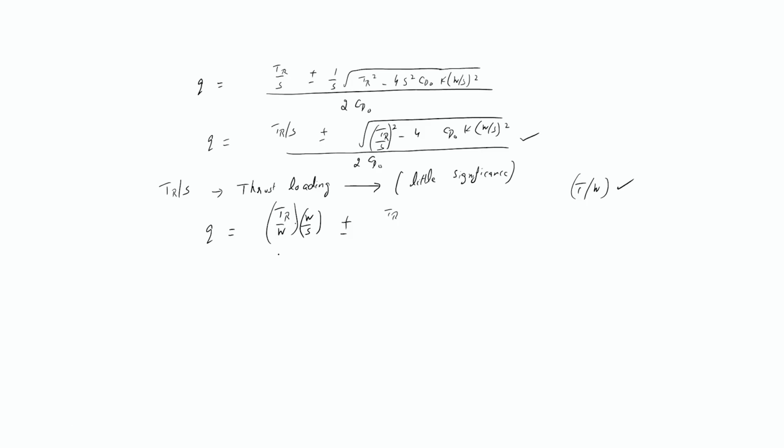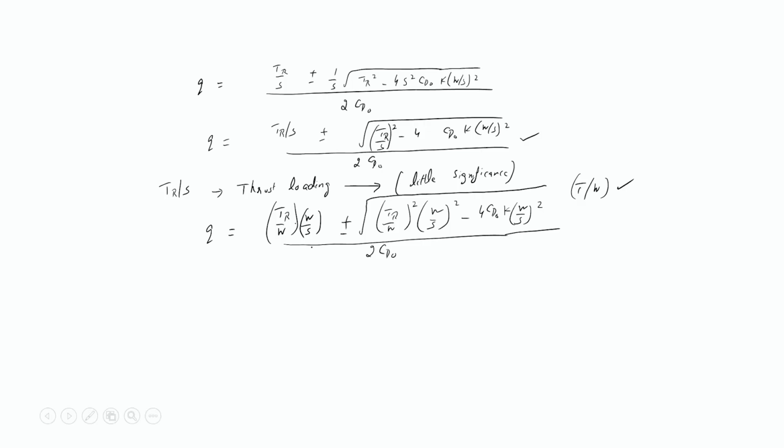So TR by W into W by S plus or minus, we have TR by W whole square. Here we have W by S whole square minus 4 CD naught K W by S whole square divided by 2 CD naught. So this is a little bit lengthy derivation. Please bear with me. We'll get to the results quickly.